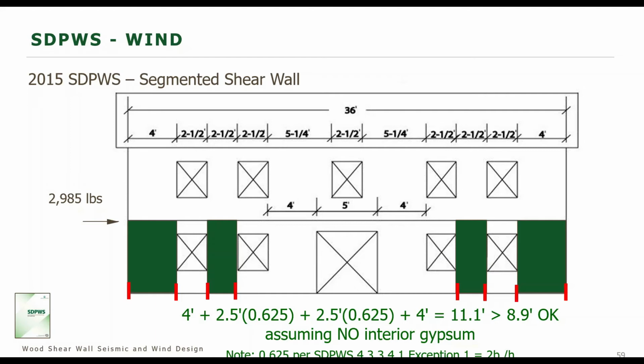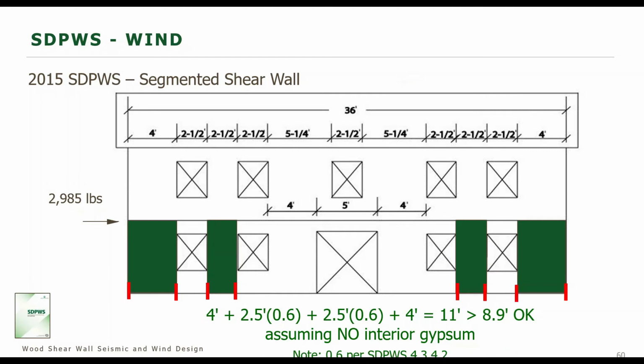So this is the first one, which would be SPDWS 4.3.3.4.1, exception 1. And for those high aspect ratios, we multiply the width of the segment, the B value, times 2BS over H, and that gives us our effective full height sheathing length, which is 11.1 feet, which is still greater than the 8.9 feet that's required, so we're okay.